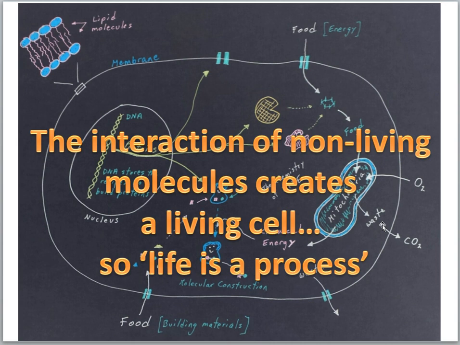So while the molecules that cells are composed of are not alive, when they interact in space and time, and they've been shaped by evolutionary forces like natural selection so that proteins have unique jobs to do, when all of the proteins are doing their proper jobs, the whole assembly that we call a cell is alive.